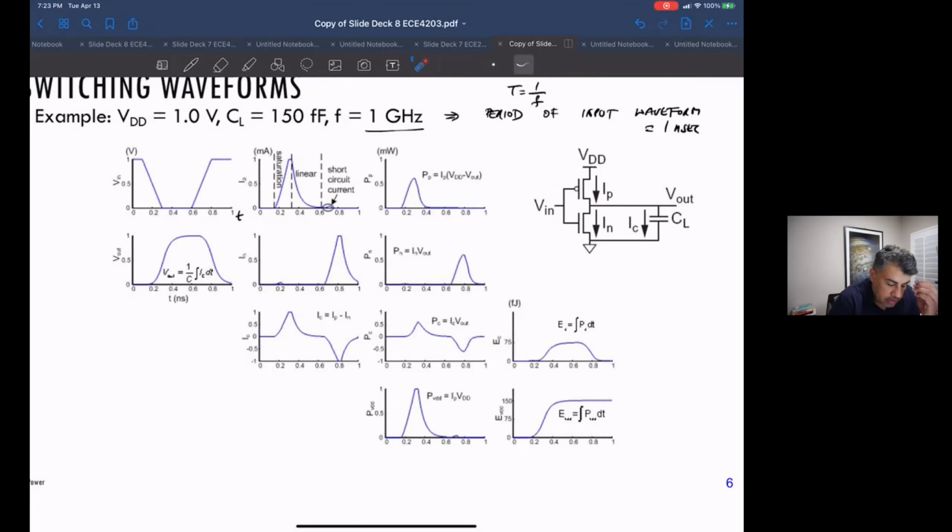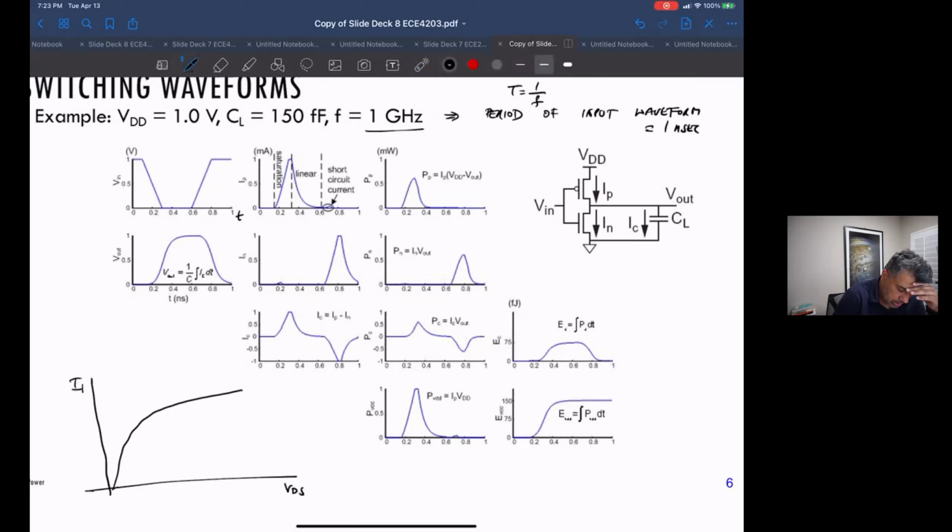Remember, if I draw a transistor current, with VDS and IDS, when the PMOS turns on, it's in saturation. So it looks like a current source.